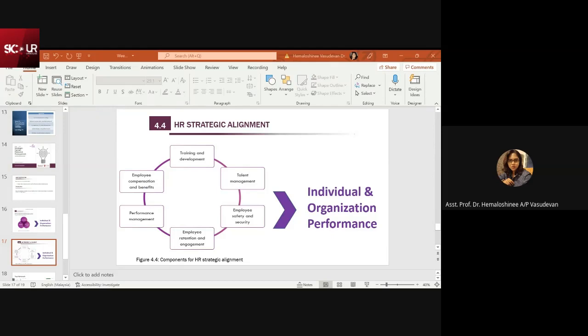Then the employee retention and engagement. For employee retention and engagement, they will look into how they are going to retain the employee and get the employee engaged in the training and development of HR's activities.